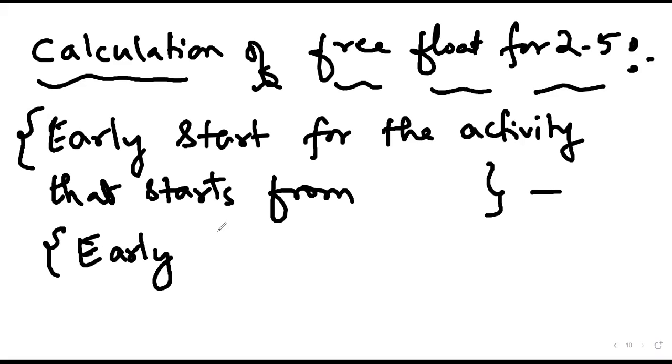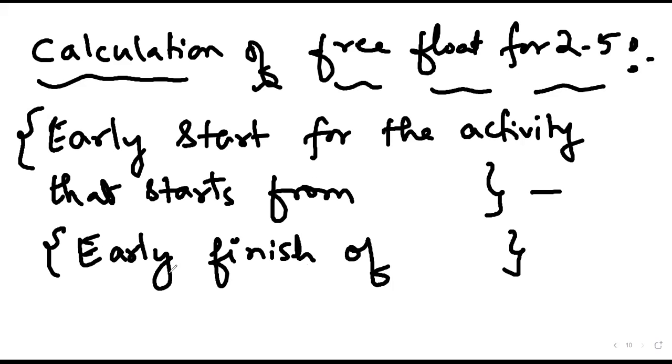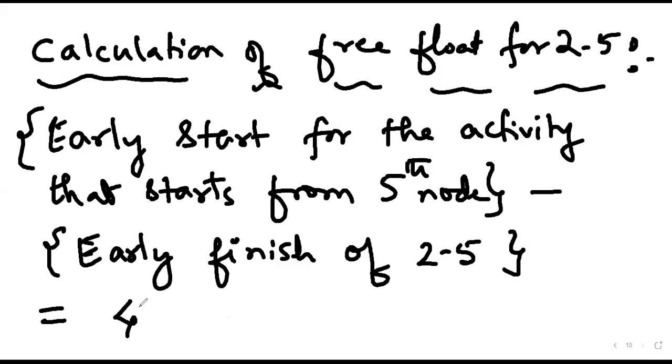What should be the node number? 5, from the 5th node. And early finish of 2-5. So what is the calculation? Early start 41, early finish of 2-5 is 26. Free float is 15.